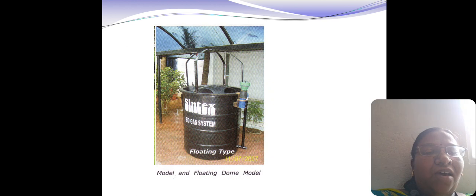Now we have a floating method which can be movable also, or it can be installed in our own kitchen by using a Syntex tank. There are many commercial vendors available for this Syntex type of biogas plant.